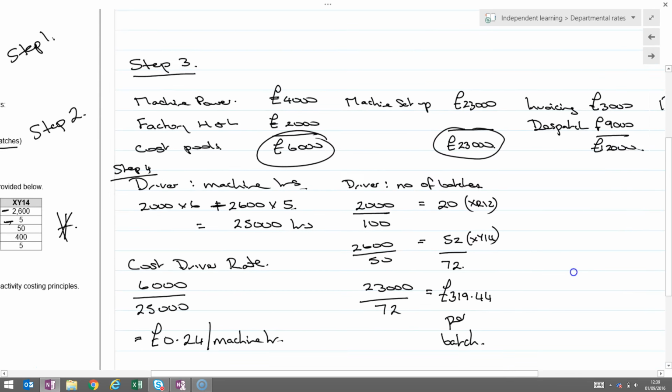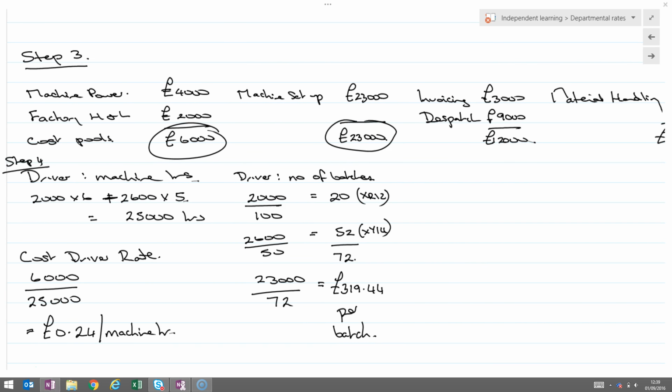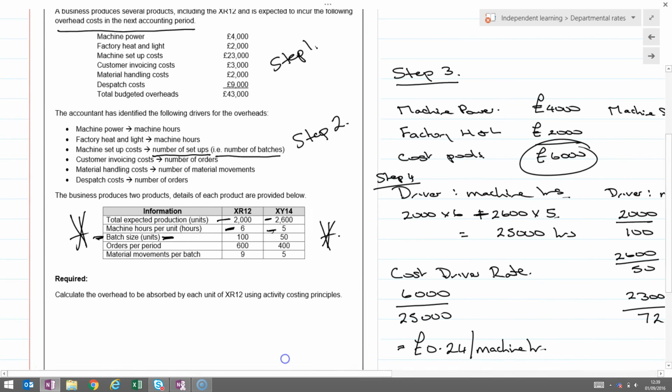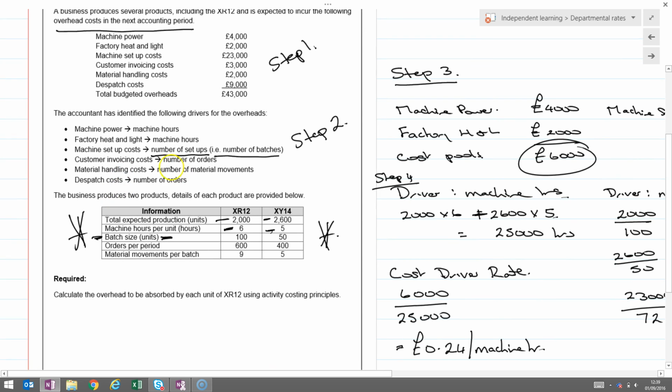Right. Third cost pool, £12,000, which was the invoicing and dispatch costs. Invoicing, dispatch cost, the driver is number of orders. So we need the number of orders. Nice straightforward one. This one's been given to us. Orders per period, 600 and 400.